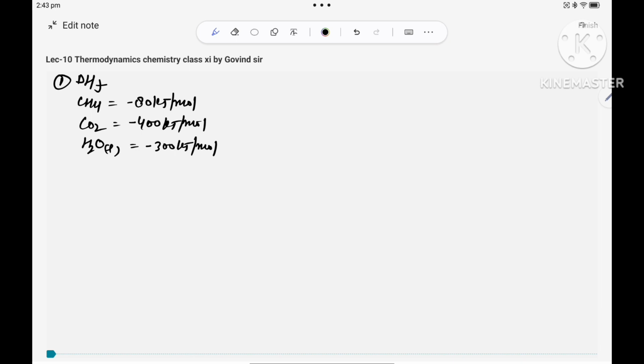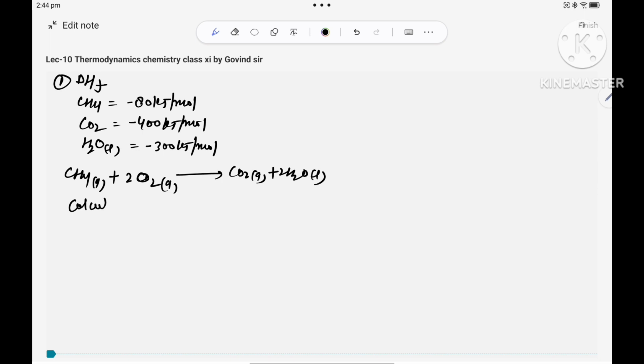Calculate the amount of heat involved by burning 1 centimeter cube of methane under normal condition. The equation is given: CH4 plus 2 O2 gives CO2 gas plus 2 H2O liquid.